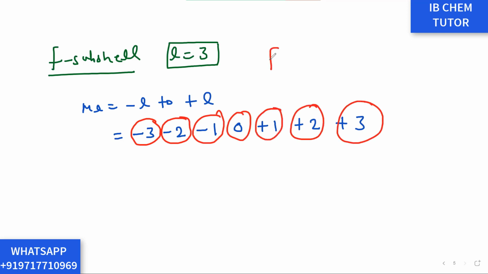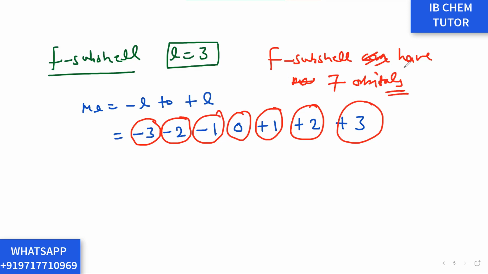So now you come to know that F subshell has 7 orbitals. Don't say can; F subshell has 7 orbitals. Right? So how many electrons can it have maximum?